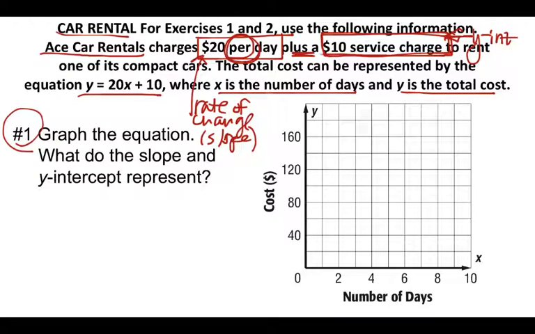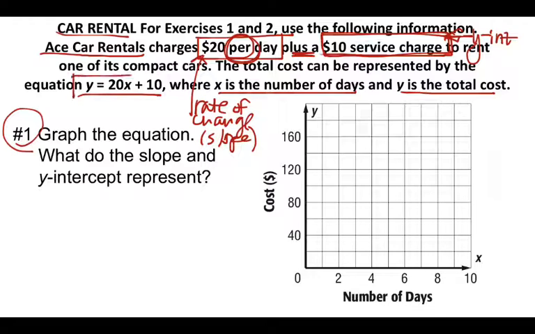With a service charge, the car costs you $20 a day, but it's $10 no matter what. So if you have the car for 1 day, it's a $10 service charge. If you have the car for a week, it's a $10 service charge. Where they charge per day is the $20 per day. So these service charges, that's the y-intercept, because no matter how long you have this car, the starting point when you walk out the door with those keys, you've been charged $10.